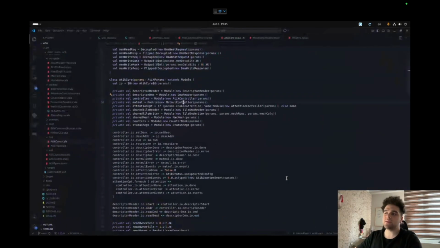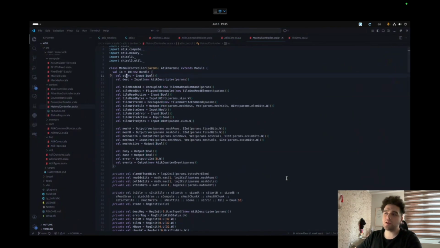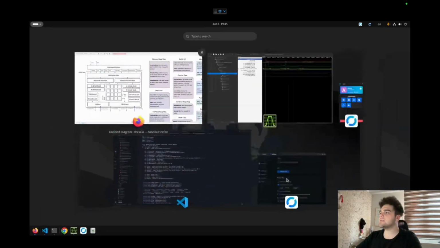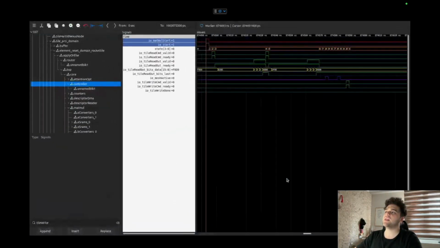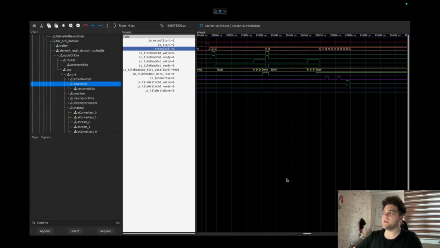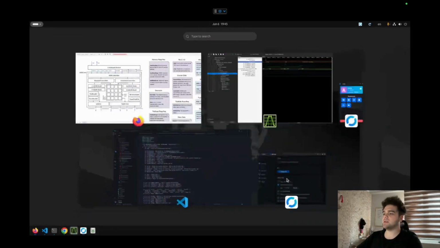It's basically this matmul controller, and if I go to the matmul controller, I can see it takes an input from the Atik controller that it should start, and here we can verify that indeed we are starting the matmul operation, and this state waveform here tells us which state the matmul controller is at.